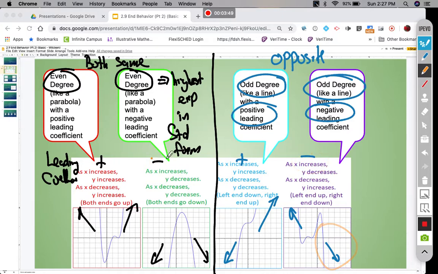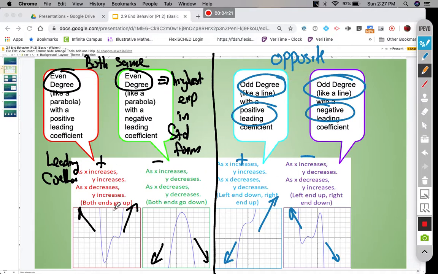That positive or negative is going to say what's going to happen as x increases. As x increases, if it's multiplied by a positive number, it's positive. Multiplied by a negative number, it's negative. Now, the difference then for the left-hand side is: even, they're the same way. Odd, they're opposite directions.